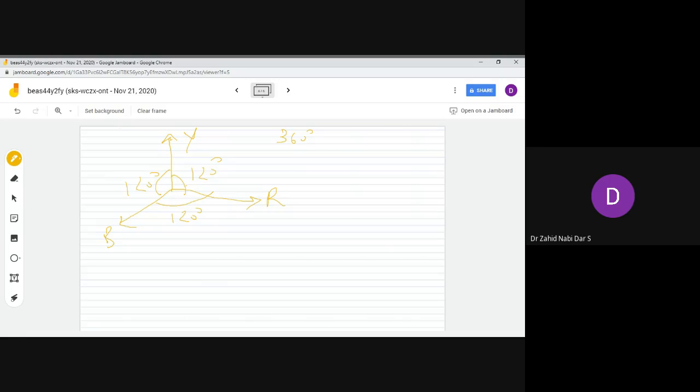Now we are interested to know about the end rings. Current is produced in the end ring.